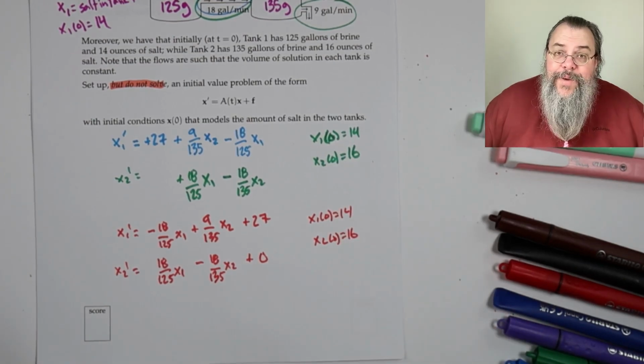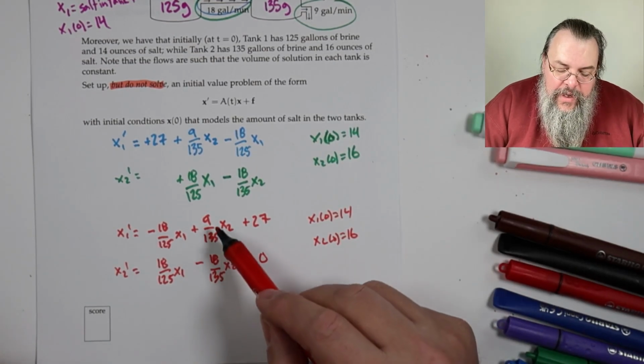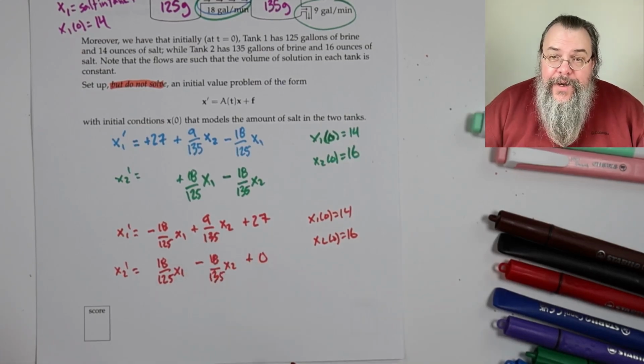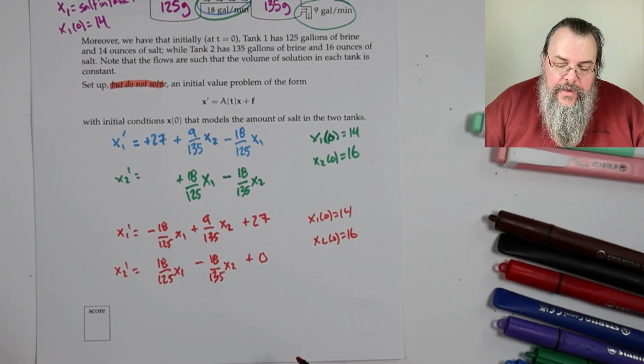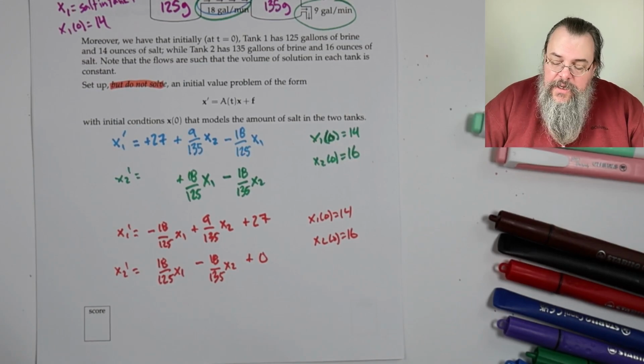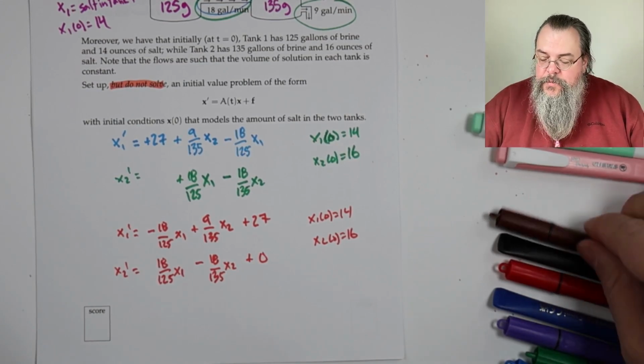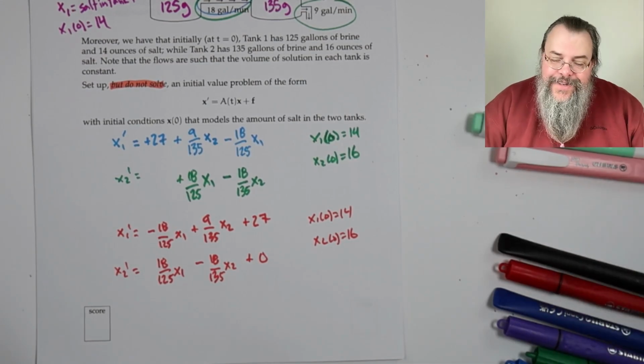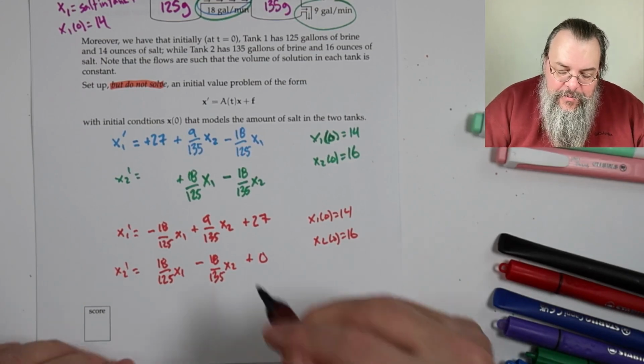Now, a comment. You might say, hey, does 9 divide into 135? And the answer is yes. It's 1 over 15. And, okay, should we update that? Yeah, we probably should. Would we lose points? I hope not. They didn't say simplify as much as possible.